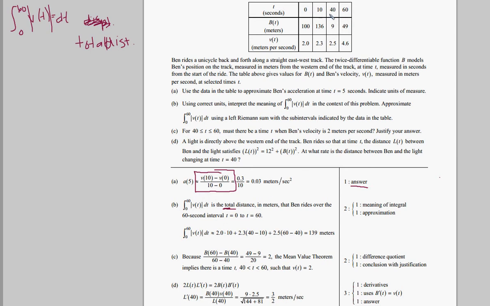So again, you have different subintervals, so you need to make sure that you're taking your difference of 10 times 2, plus 30 times 2.3, and then 20 times 2.5, okay? 2 times 10 is 20, 2.3 times 30 gives you 69, and 2.5 times 20 gives you 50, and when you add those together, you get 139 meters.